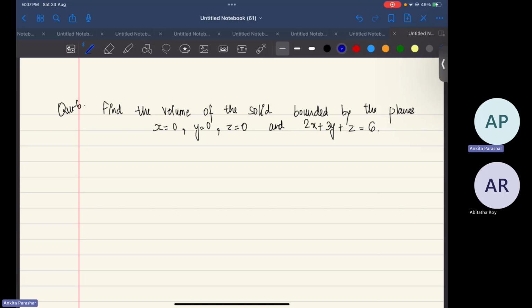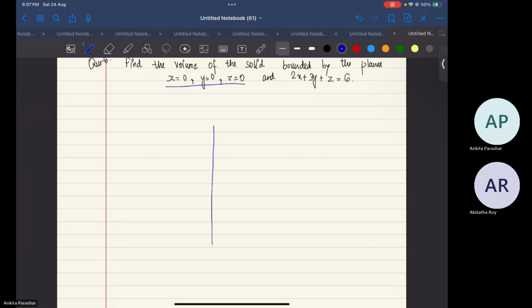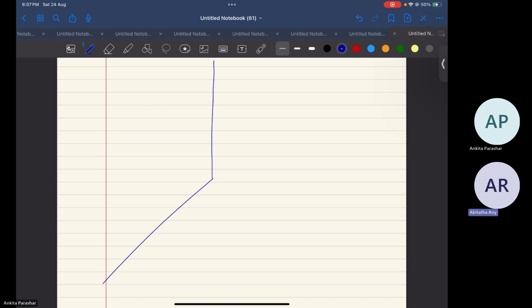All together, they should give me a figure where I can find the volume bounded by certain planes. Can you simplify whatever is given to you in order to compute where it is exactly being bounded? The three of them would intersect at the origin. So we have to make the graph of that function.